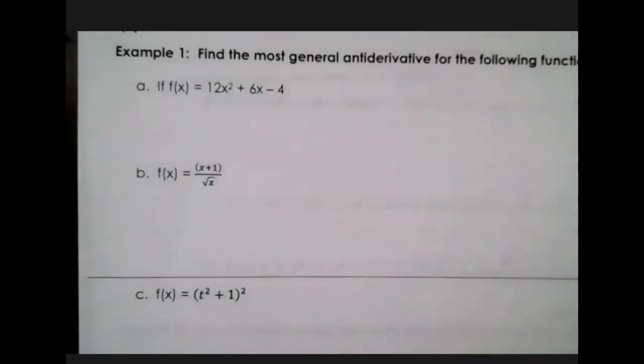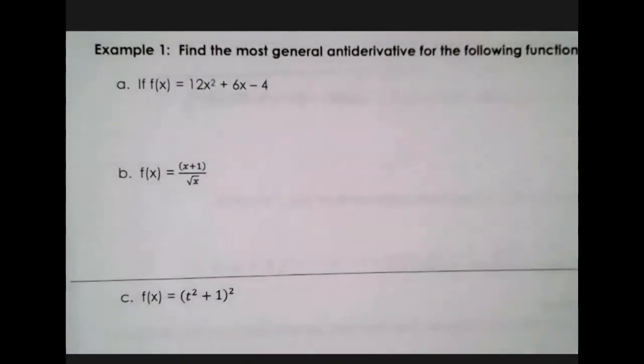Okay. So if f of x equals 12x squared plus 6x minus 4, our general antiderivative is quite the same. You're going to look at the power rule in reverse, and you are going to simply tag on a plus c at the end.